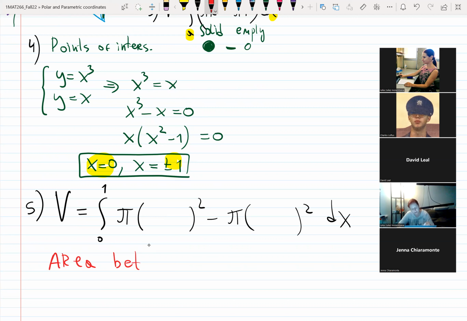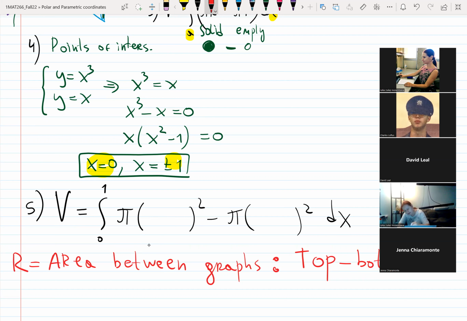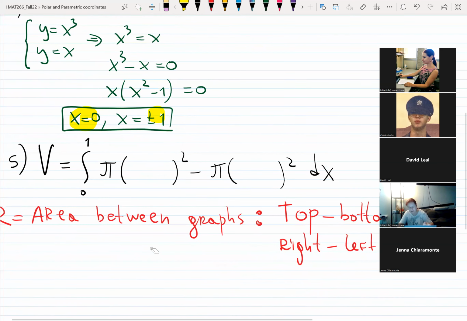So r, any r, is the area between curves. We had different definitions in this chapter. And it's either top minus the bottom for the x case, or right minus left for the y case. Let me just put it in the box. Either or.